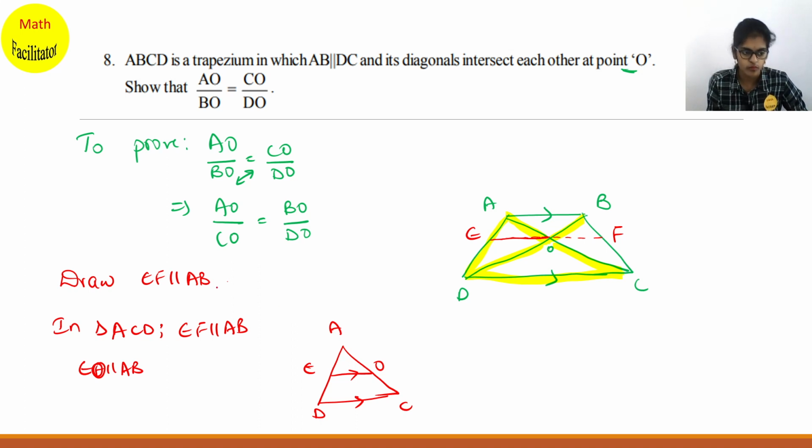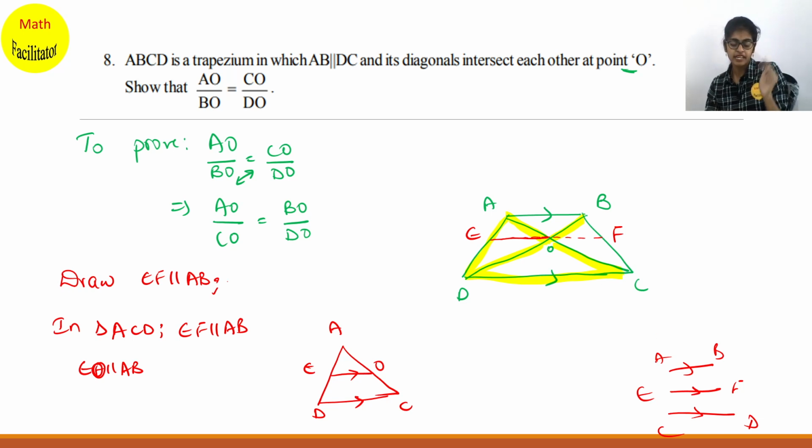Now just see here one more thing. So EF you are drawing parallel to AB. See here, AB and CD are parallel to each other. Now you are drawing a line EF which is parallel to AB. So this EF is also parallel to CD. You have learned this. Do you remember? If a line is parallel to one of two parallel lines, then it's also parallel to the second parallel line.